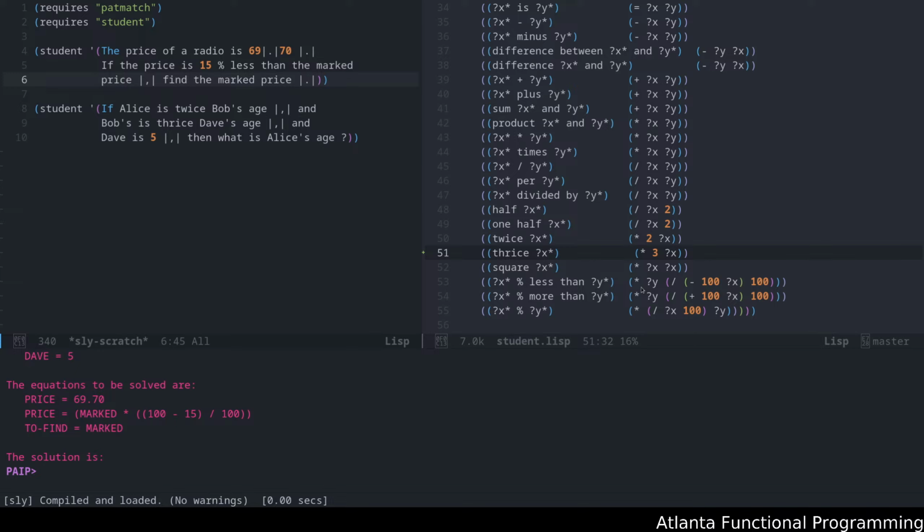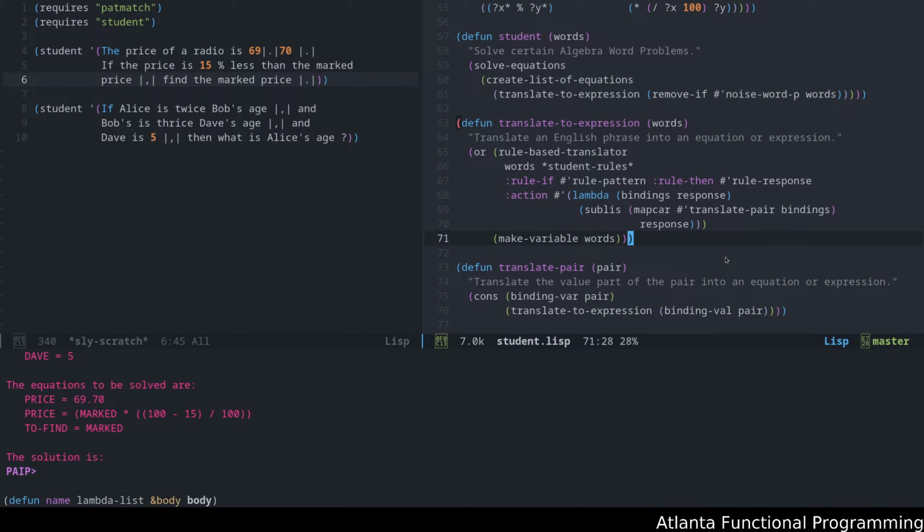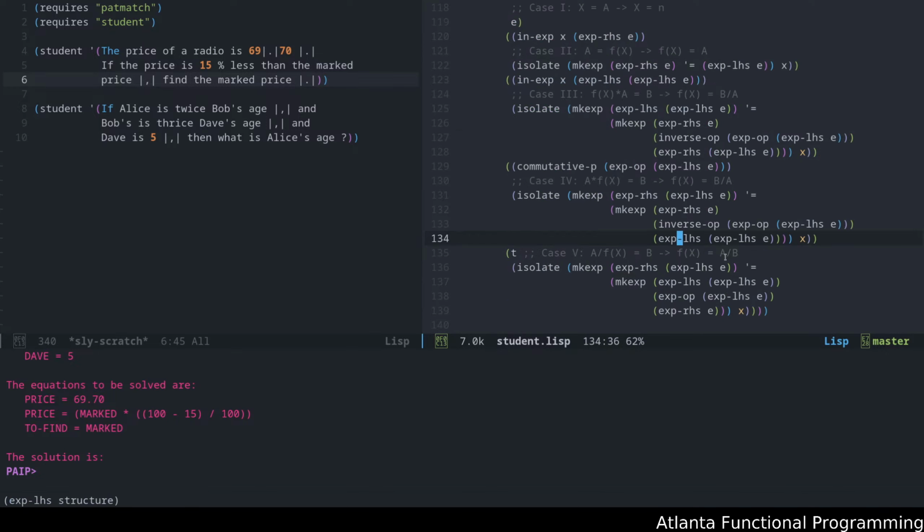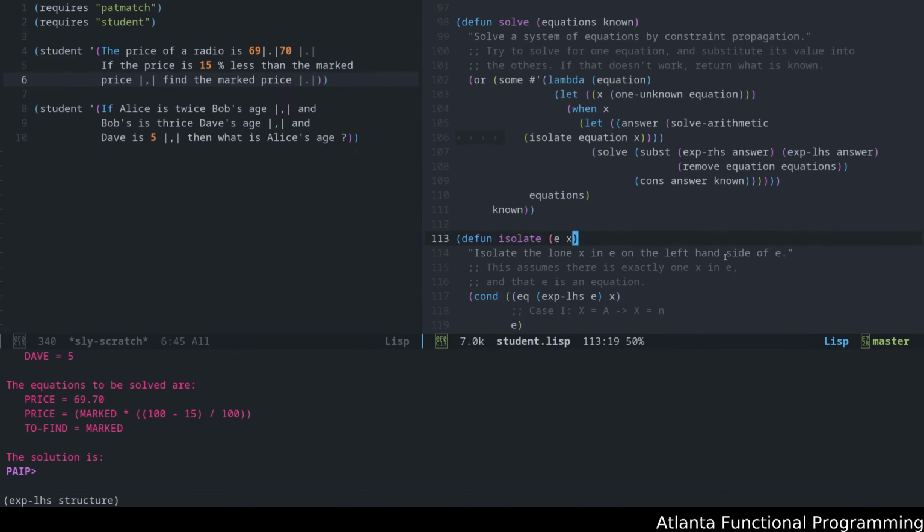Let's see if we could change the solver to actually go in and solve the... So we need to first check to see if we can isolate one of the equations, an expression on the left-hand side of the expression.